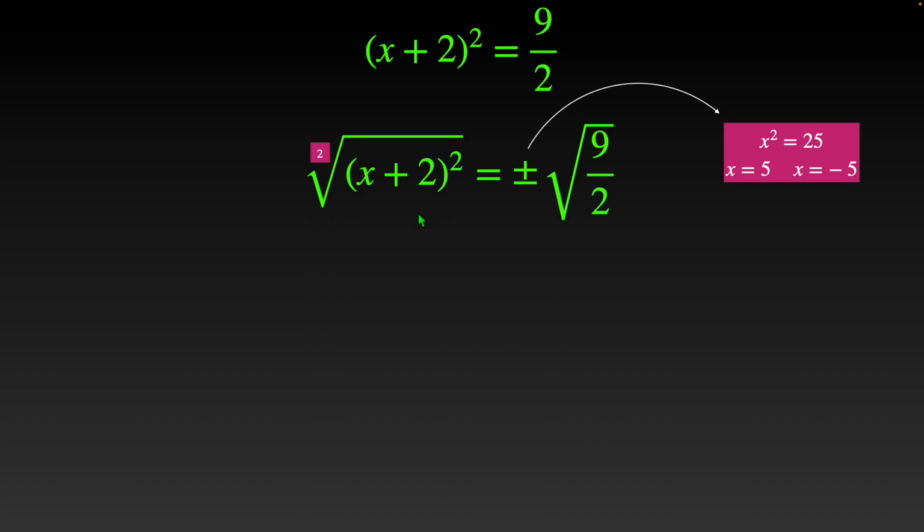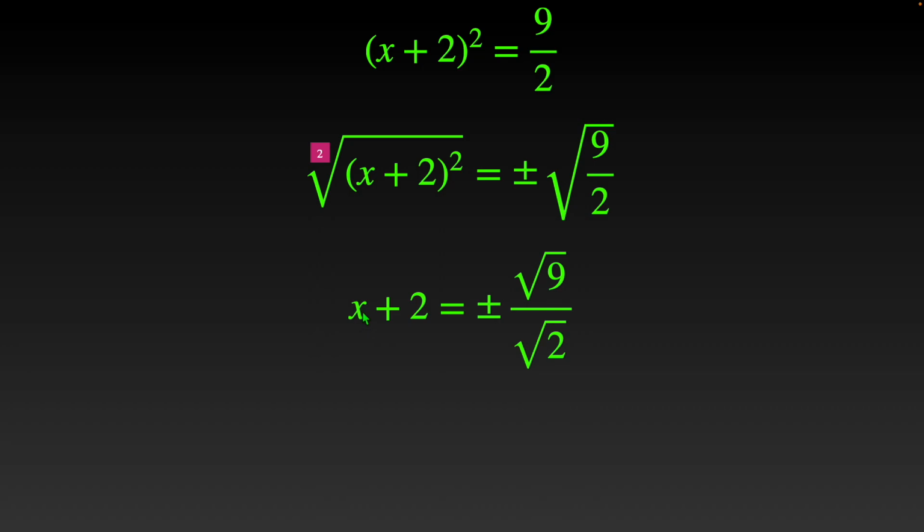Let's simplify this. On the left-hand side, we just get x plus 2. And on the right-hand side, we get plus or minus square root of 9 divided by square root of 2. Because we have division under the square root sign here, we can separate them into radical 9 divided by radical 2. And we know that radical 9 is just 3.